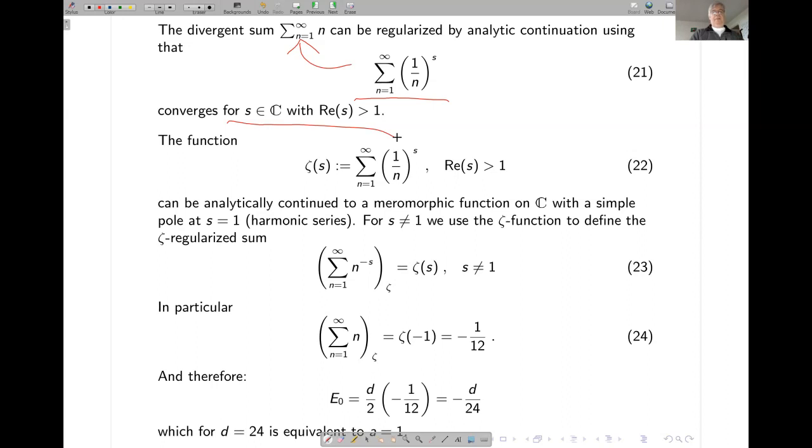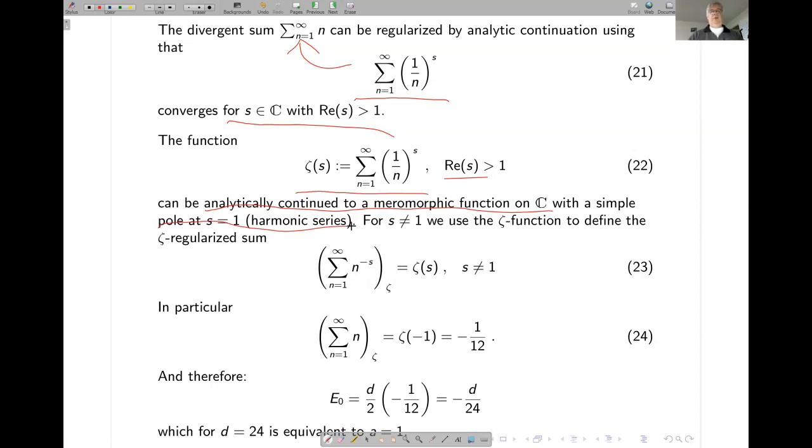That means that for real part s larger than 1, we can define a function, zeta of s. And this function can then be analytically continued to the whole complex plane. It's a meromorphic function called the Riemann zeta function. And this function is in fact holomorphic except for the simple pole at s equals 1, which corresponds to the harmonic series.